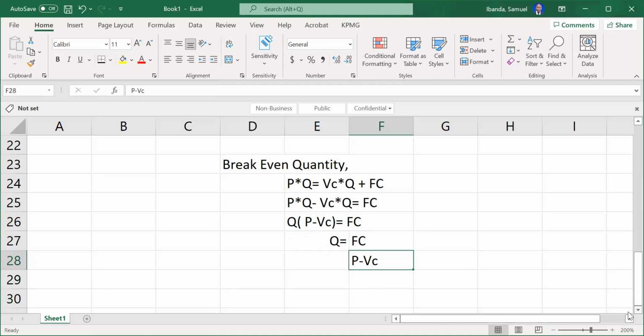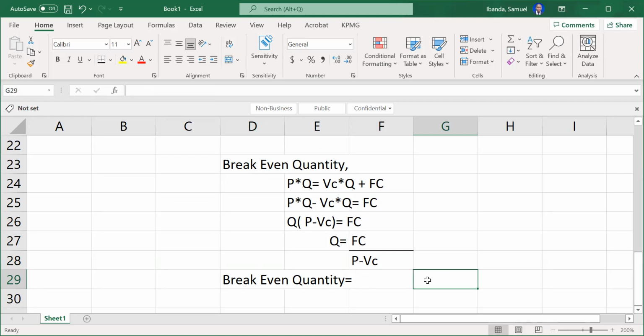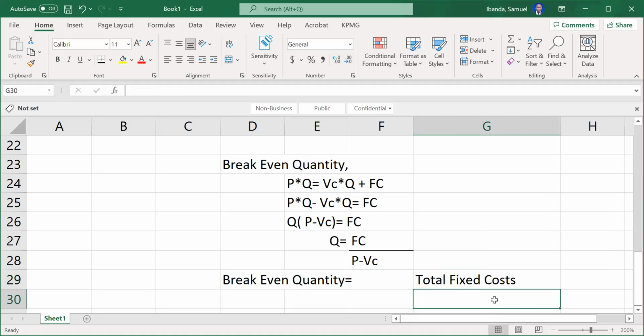If I want to show this in full, I'll say that the break-even quantity is always given by fixed costs, and these are usually total fixed costs, divided by price minus the variable cost per unit.